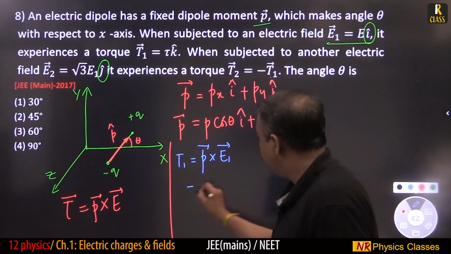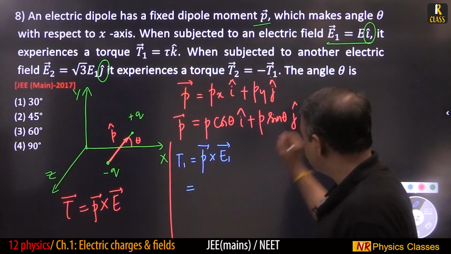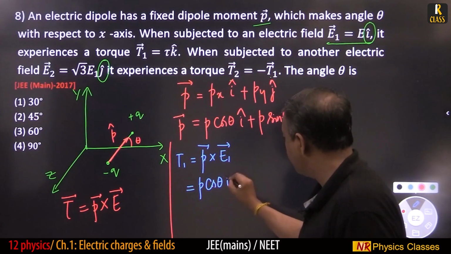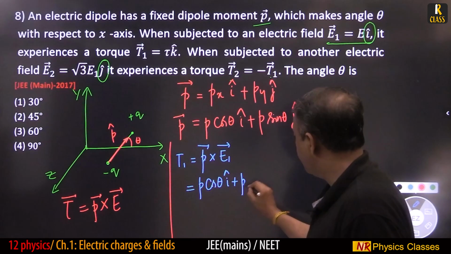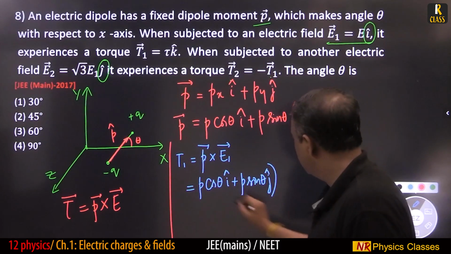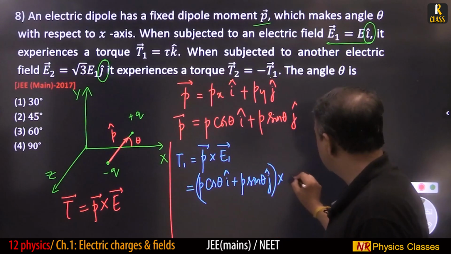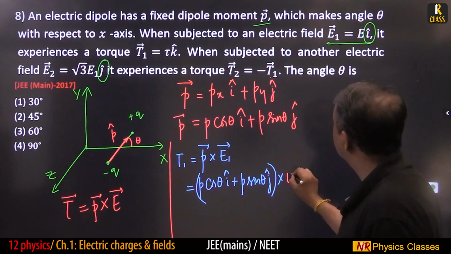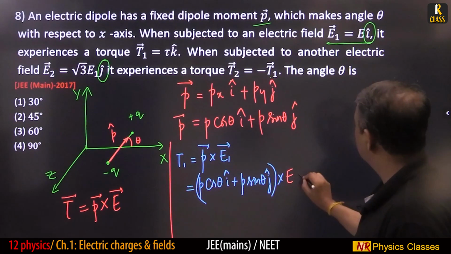Now, P is this entire expression: P cos theta i cap plus P sin theta j cap, cross electric field. Electric field is E into i cap.